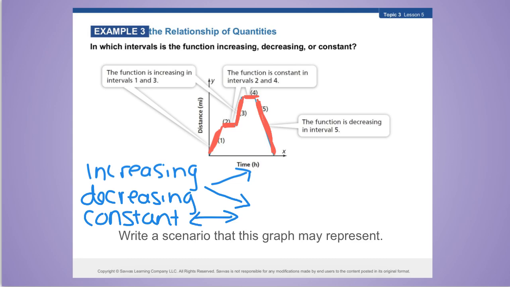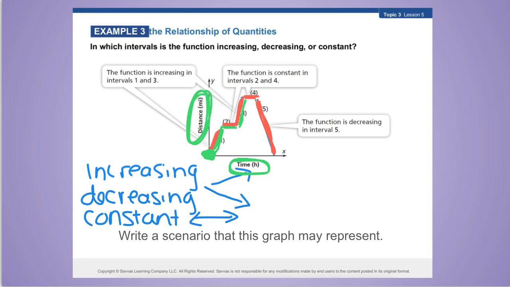All right, so now that you know about intervals and you understand the idea of increasing and decreasing and constant intervals, what could this graph represent in real life? When would you have time versus distance, and you would start at 0 distance, you would go up some distance and then hold right there.